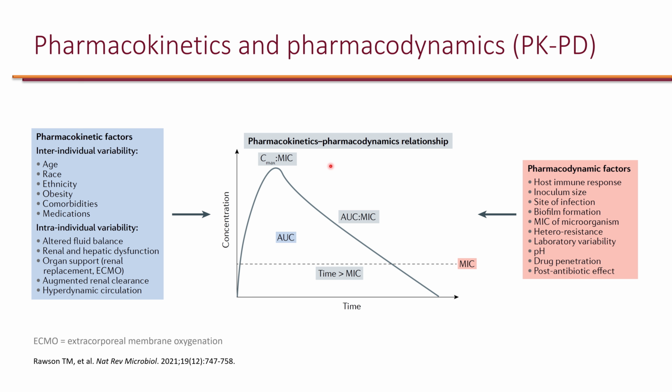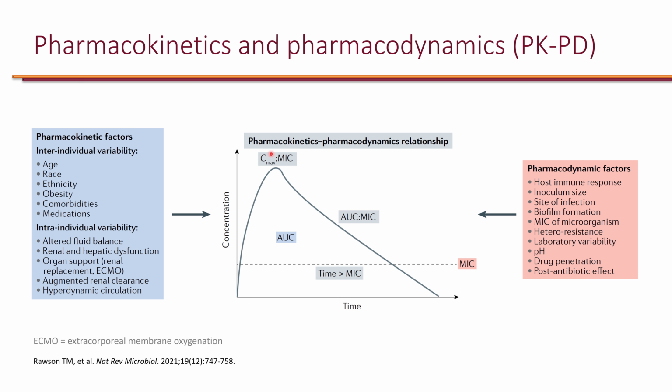And there are some PK/PD parameters, such as the ratio of maximum concentration to MIC, the ratio of area under the concentration curve to MIC, or the time that the concentration is above the MIC. We'll talk about when to use each of those and what they mean in a future lecture. But these are essentially the PK/PD parameters we use.